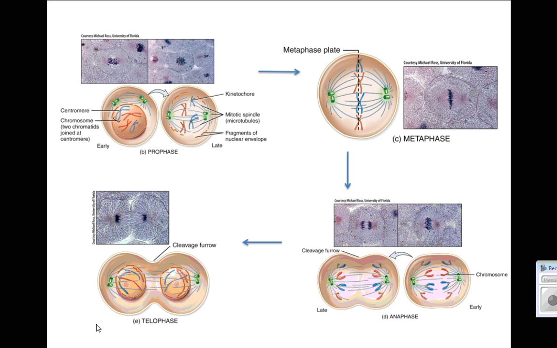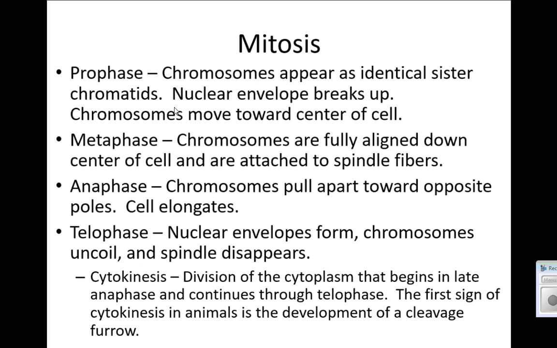Prophase can actually be divided into early and late prophase. Early in prophase, we see a nuclear envelope still intact. By late prophase, it's basically disintegrated and the nucleus has disappeared. We see the chromosomes as what we call sister chromatids.